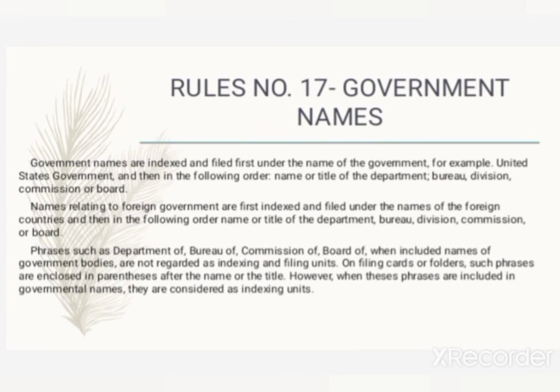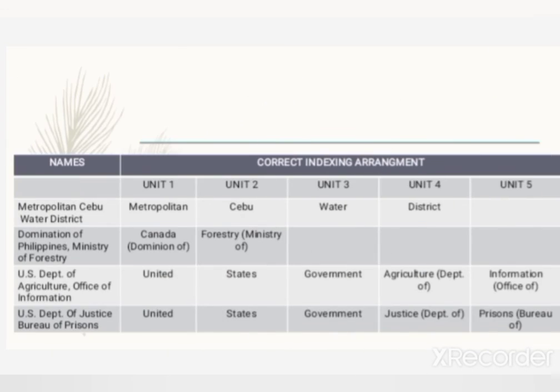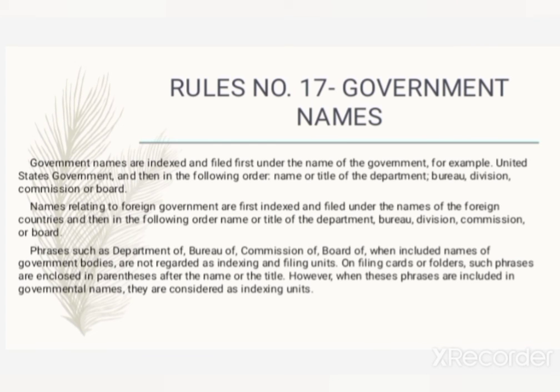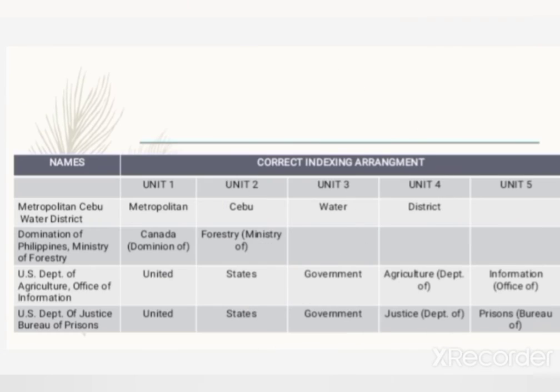Rule number 17. Government names. Government names are indexed and filed first under the name of the government. For example, United States Government, and then in the following order, name or title of department, bureau, division, commission, or board.